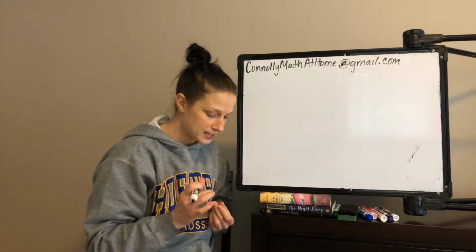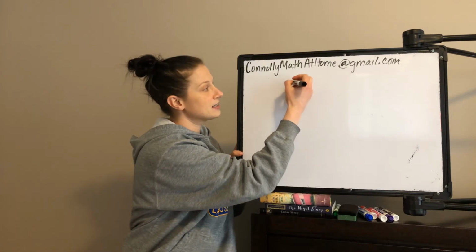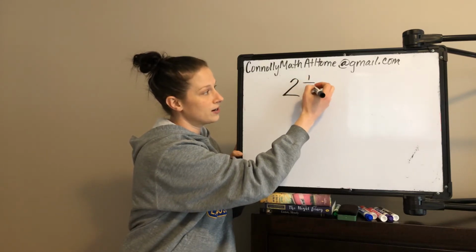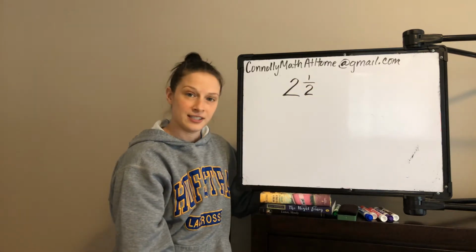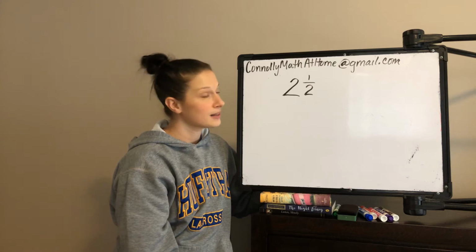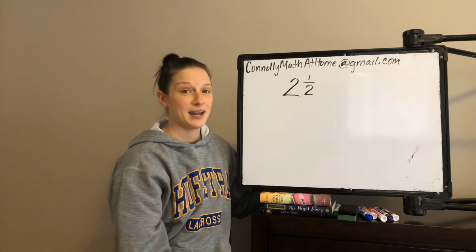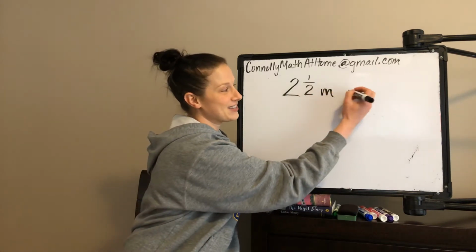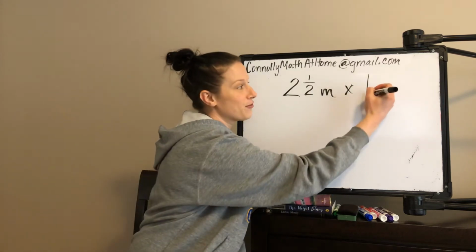Okay, so let's say you are at a store and the dimensions of the store, this would be a really small store. Let's not be at a store. Let's be, I don't know, let's call it meters. Okay, so there's a little office that's 2 1/2 meters long and it is 1 1/4 meters wide.